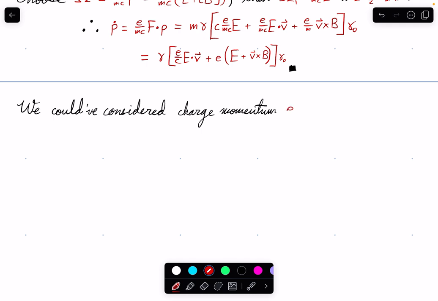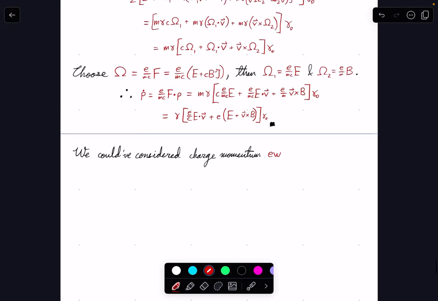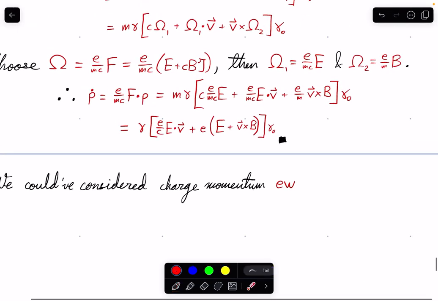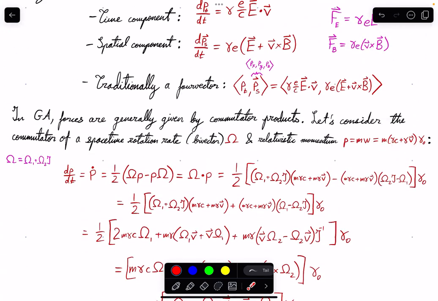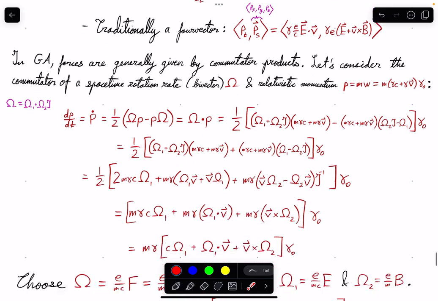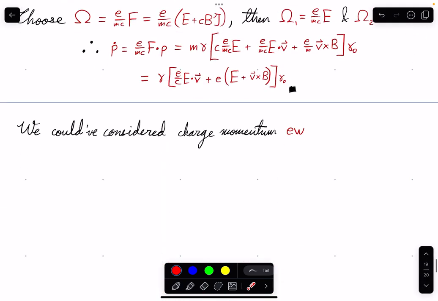I'll just do this. Charge momentum, electric charge times W, where this W here is the same W that we used up here. So gamma C plus gamma V and then gamma naught. So this basically tells you where the charges are moving in space-time. So it's called charge momentum because it tells you where they're moving.